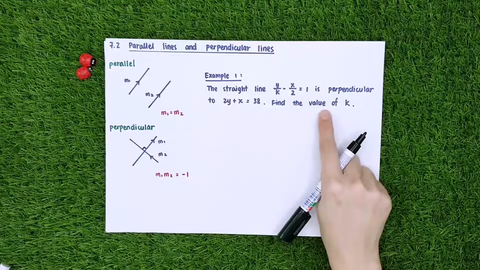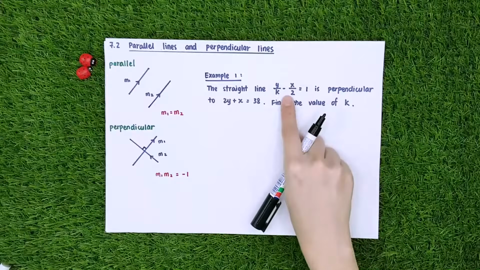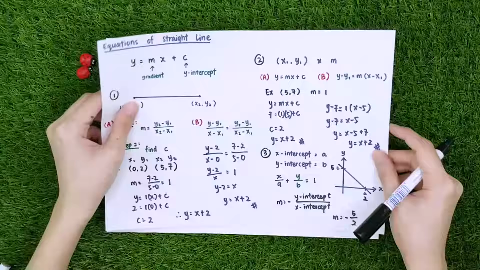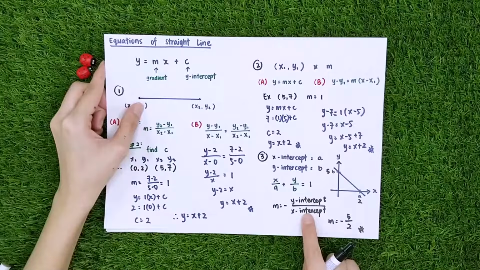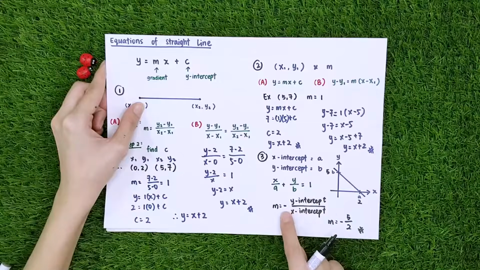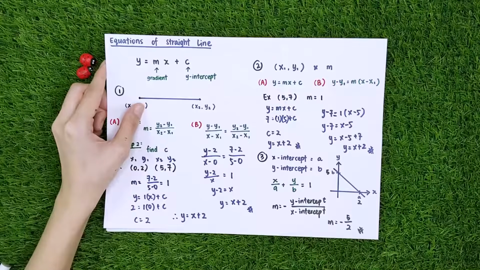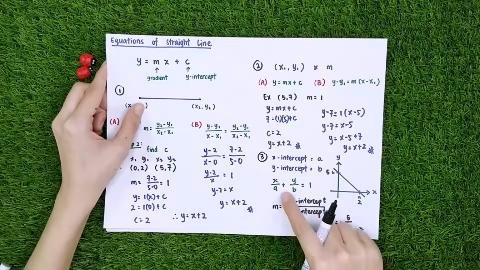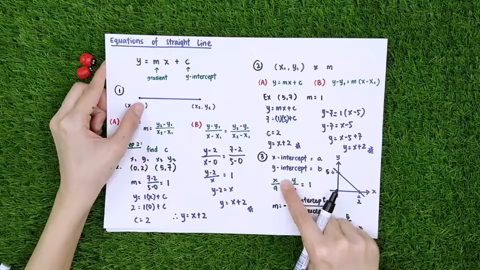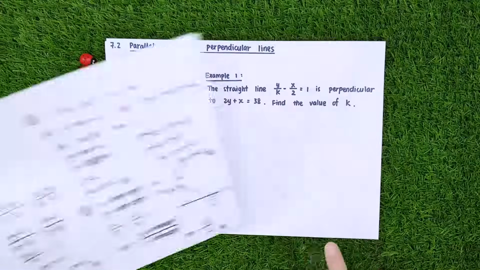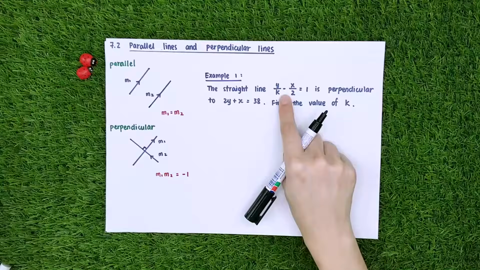So the first step, we have to find the gradient of this equation. Hope you still remember this. We can directly find the gradient by using minus y-intercept over x-intercept. Another thing I want you to take note of: here is the plus. Okay, you must remember, here is the plus. But in my equation here is a negative.